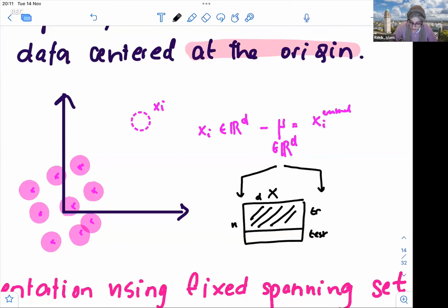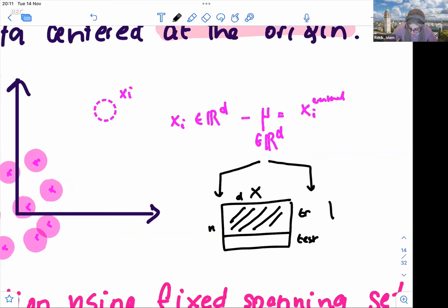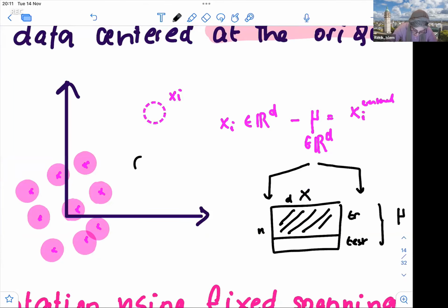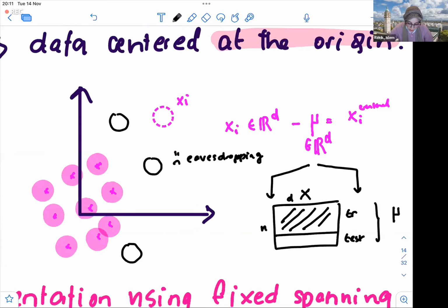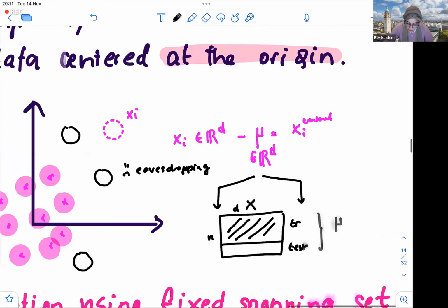When you split it, you cannot take the mean from the whole data, which means if you have unseen testing samples, you're going to include them in the mean. You cannot do that because this is called eavesdropping on the data statistics or distribution. You're not allowed to do that. So when you mean center, you need to do it separately for the training and for the testing.